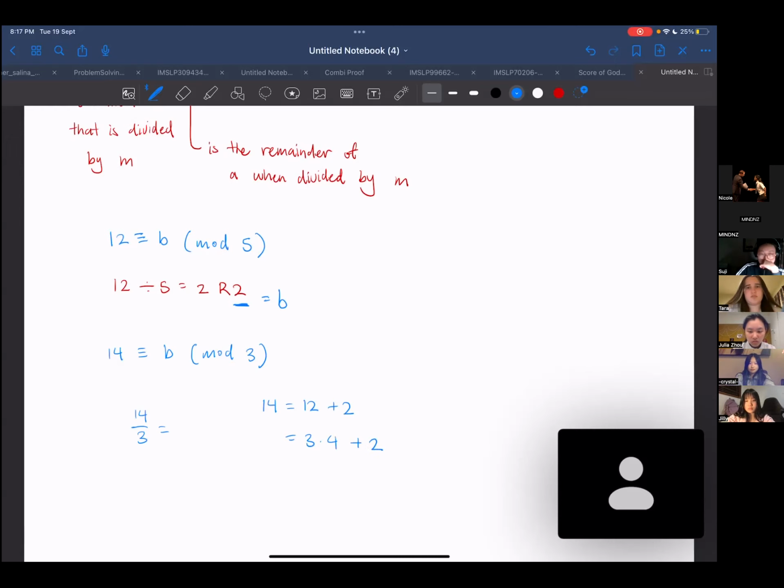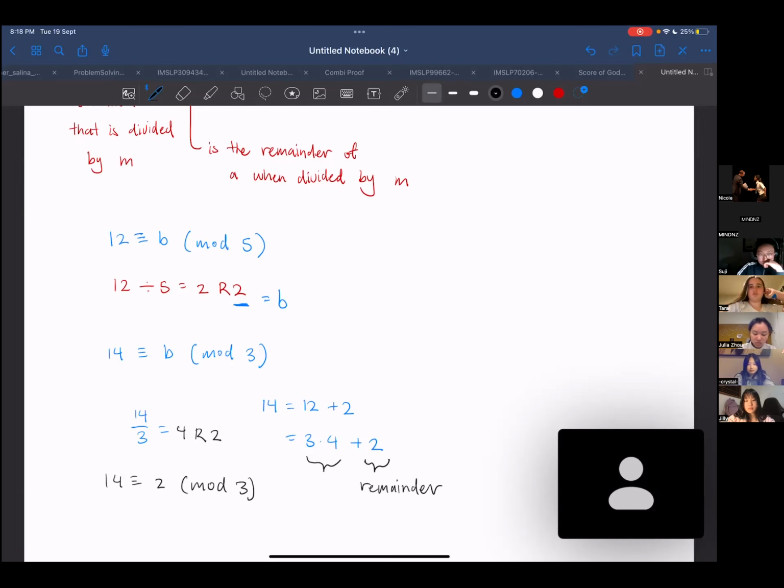So note that this part is divisible by 3, but then we get here a 2, which is the remainder. And then that's why 14 divided by 3 equals to 4, remainder 2, and therefore 14 is congruent to 2 mod 3.